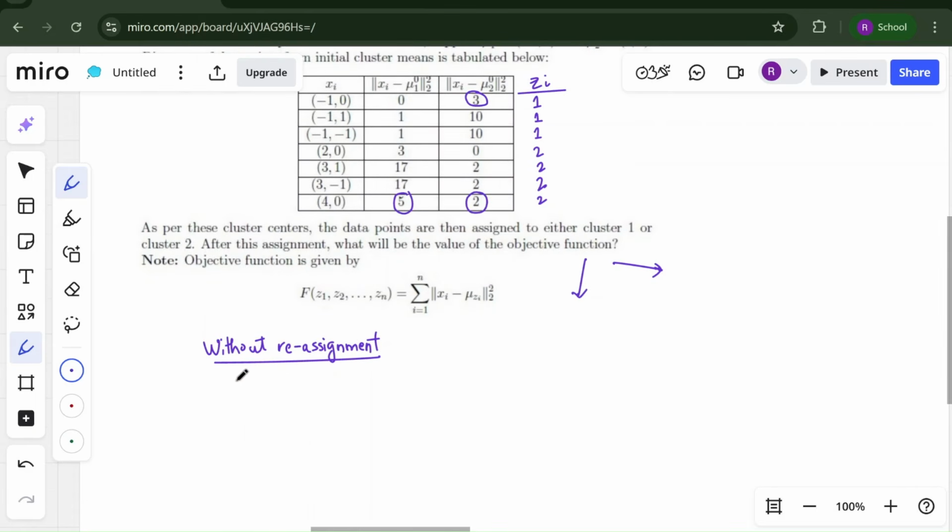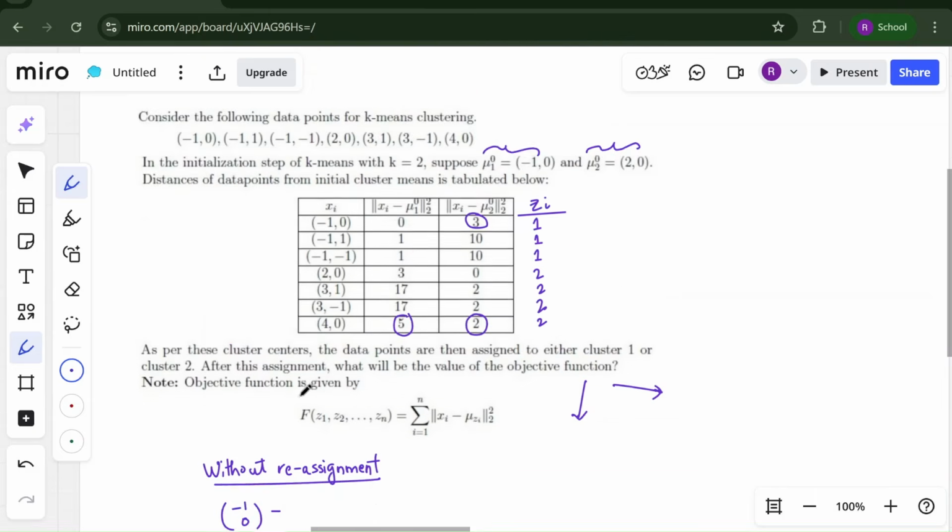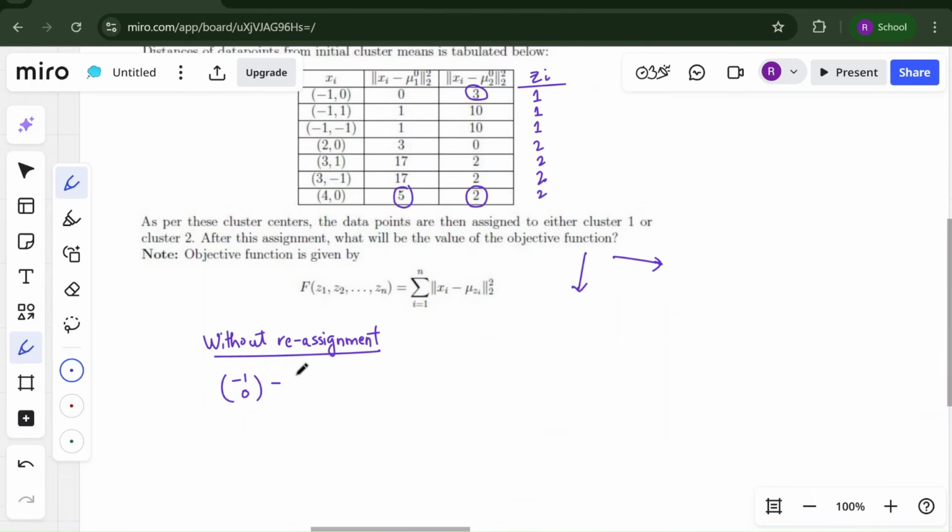So without reassignment, what would this be? It would be minus 1, 0, minus 1, 0, norm square, plus minus 1, 1, minus... What I will do is let me just write it here in the table itself, okay?